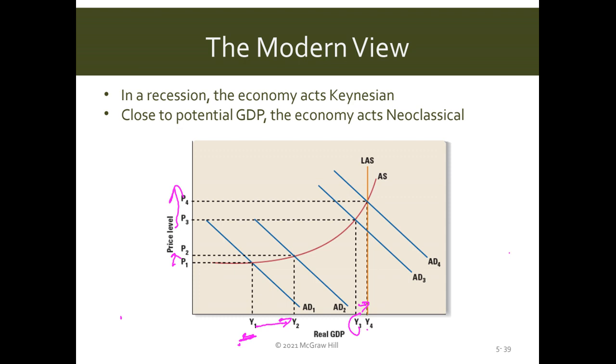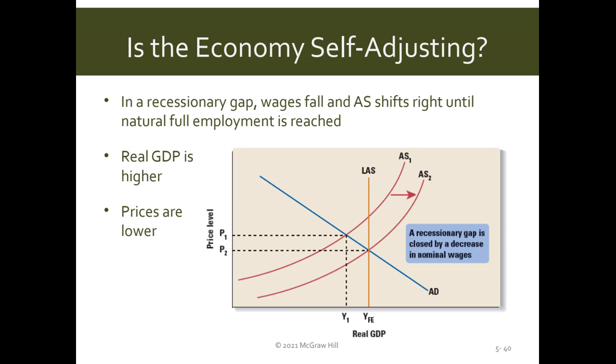Now we talk about the self-adjustment process. Remember, don't get confused with this process. First, I said that neoclassical economists believe that government should not intervene in the market; let the market work, and we will always have full employment real GDP, so there's no problem of unemployment. This is the neoclassical view.